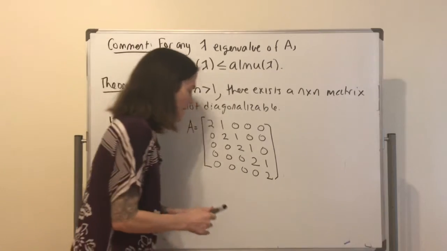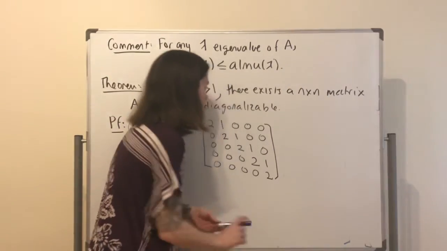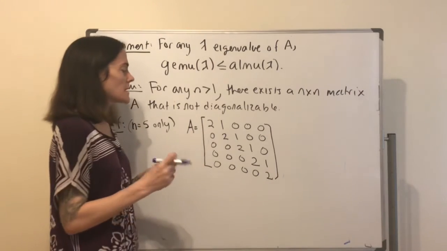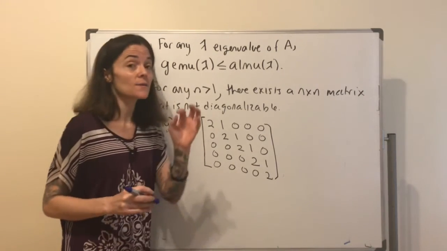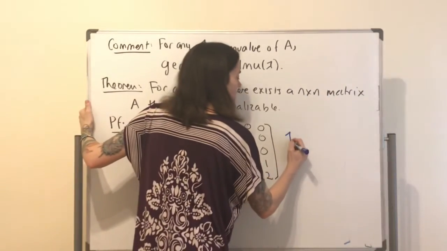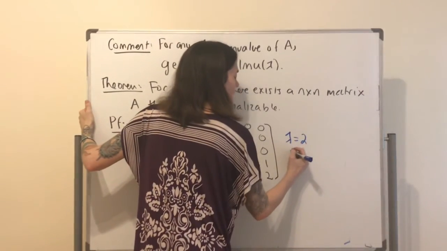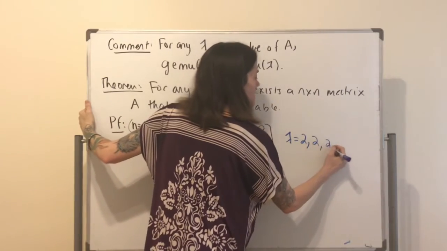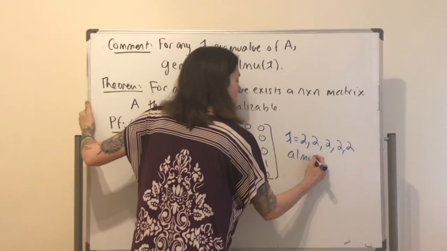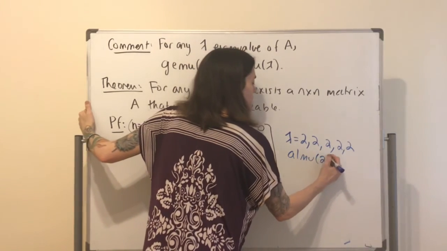Well, the first thing that we realize is it's upper triangular. And so this means that the eigenvalues are along the diagonal. So we have lambda equals 2 is the only eigenvalue, where the algebraic multiplicity of this is 5.